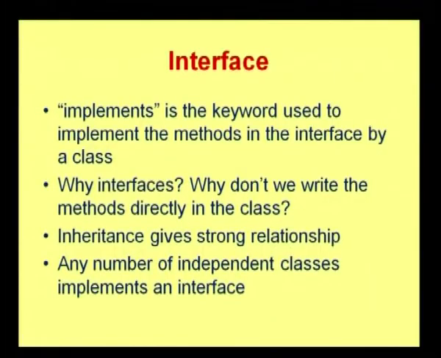So, interfaces give us a set of behavior. Whenever a class needs to use that interface, it uses the implements keyword followed by the interface name. We should implement the methods in the interface.